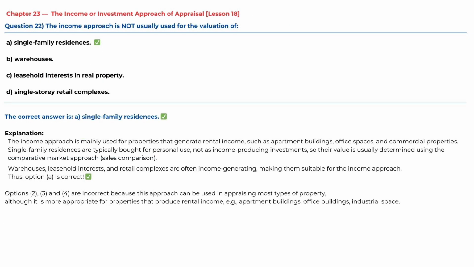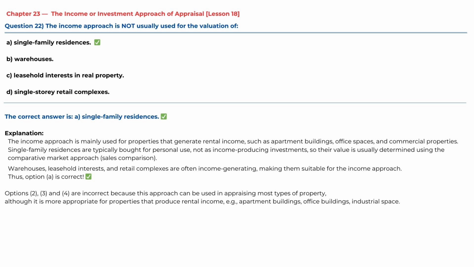Question 22. The income approach is not usually used for the valuation of. The correct answer is A, single-family residences. Explanation. The income approach is mainly used for properties that generate rental income, such as apartment buildings, office spaces, and commercial properties. Single-family residences are typically bought for personal use, not as income-producing investments, so their value is usually determined using the comparative market approach, sales comparison.